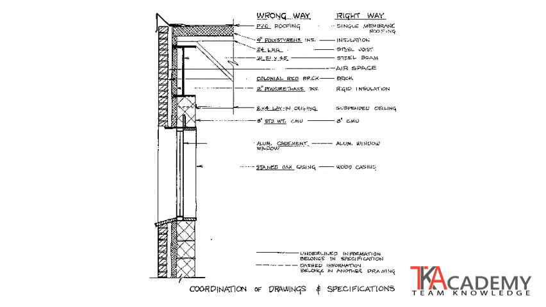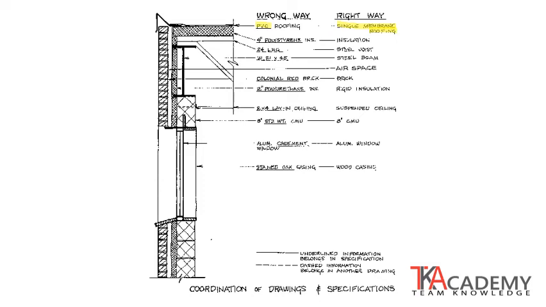This is an example of a wall section and the wrong way, with information on the drawings that should be in the specifications, and the right way in which drawings should be labeled. So at the top here it says PVC roofing. That is very specific information. It's the type of material. The right way is to be more generic and indicate it as a single ply roofing membrane.